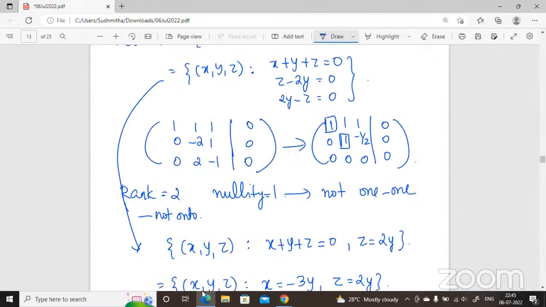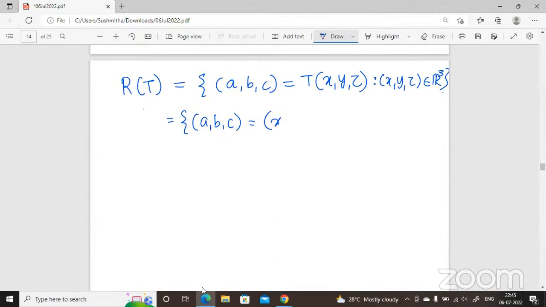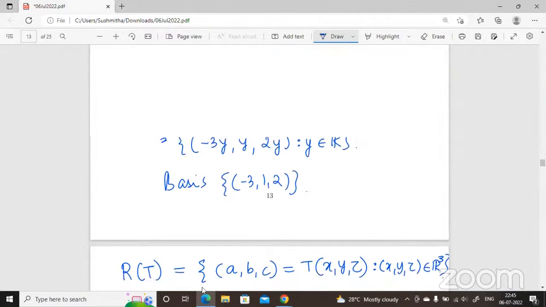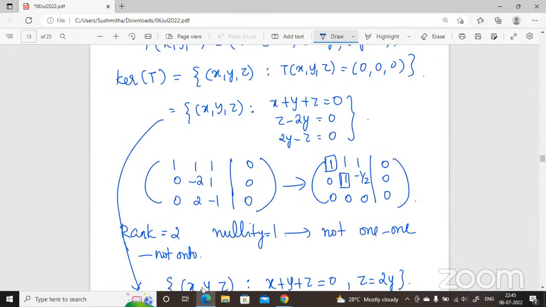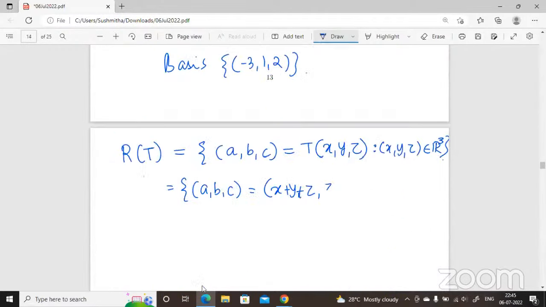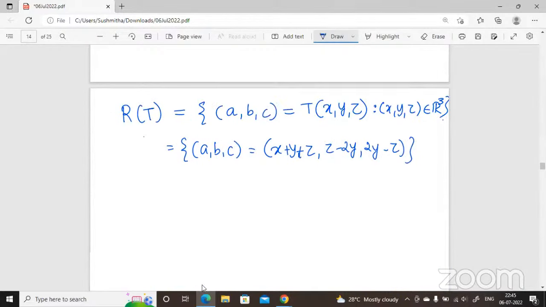What is that? x plus y plus z, z minus 2y, 2y minus z. So what does this say? We can write it as a system of linear equations. x plus y plus z is equal to a. z minus 2y is equal to b. 2y minus z is equal to c.